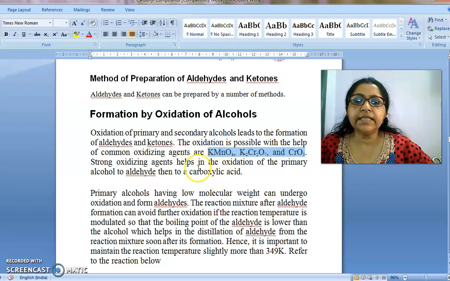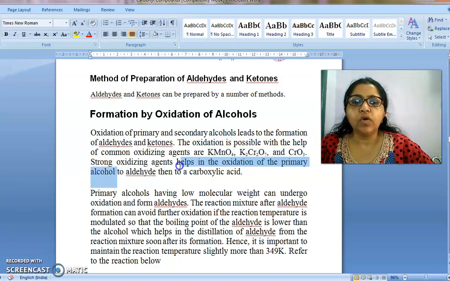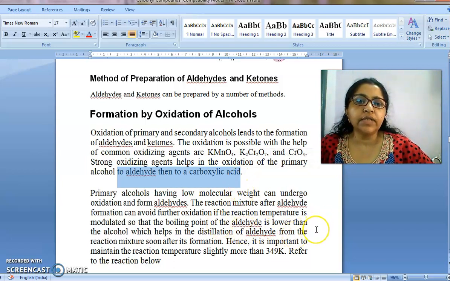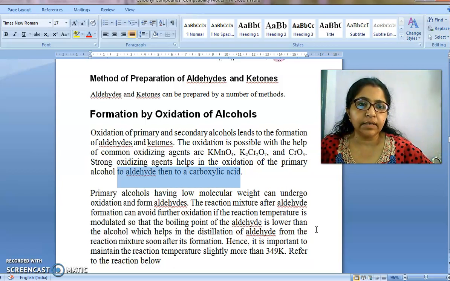Okay, but the thing is that if you go for oxidizing a primary alcohol to aldehyde, it automatically oxidizes to the carboxylic acid group. So to produce aldehydes particularly, you have to start from a primary alcohol, but you cannot use these oxidizing agents.